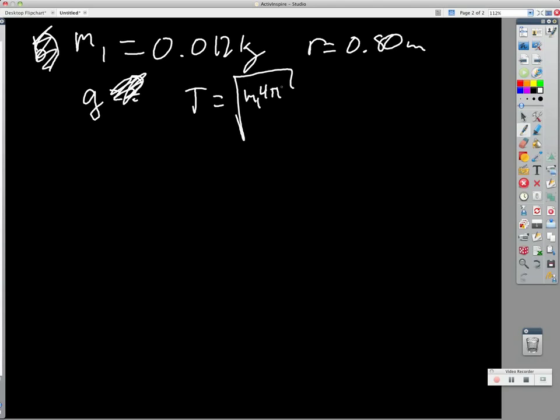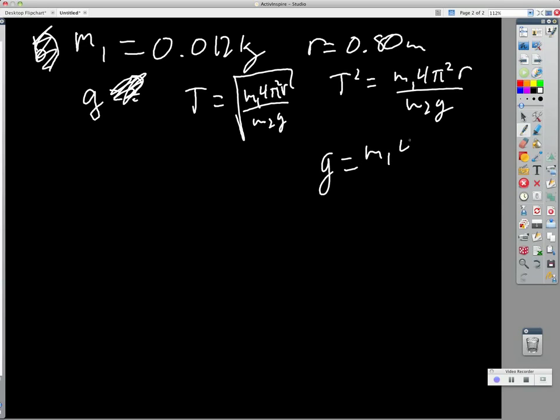Yeah. So if I square both sides and get back my T squared equals m1 4 pi squared r over m2g, now I can say g is equal to m1 4 pi squared r over m2 T squared.